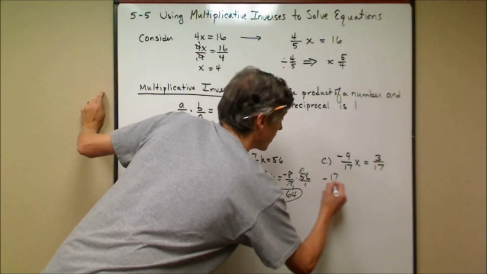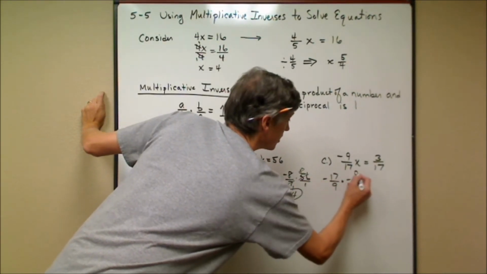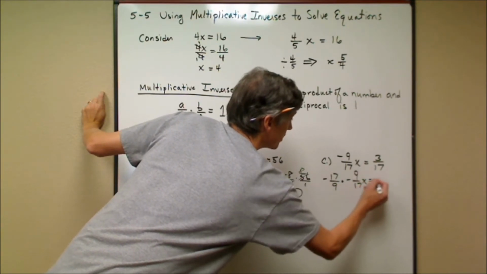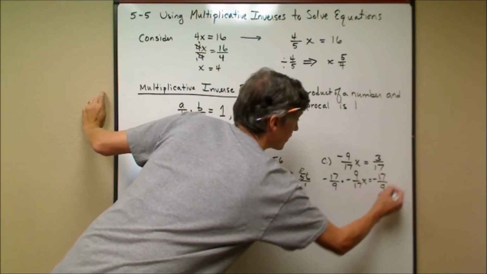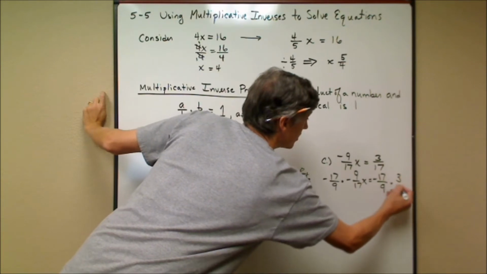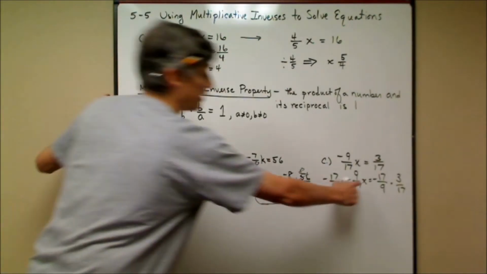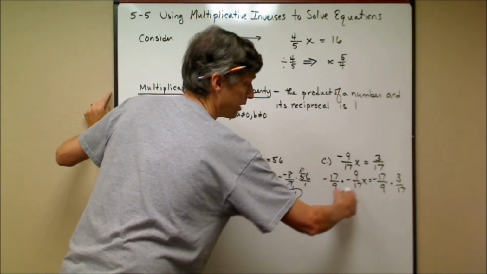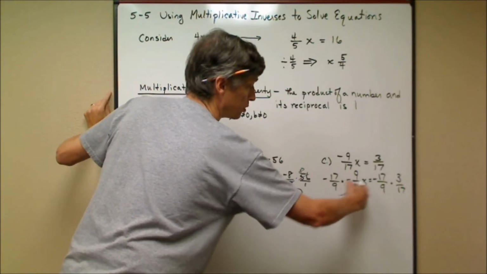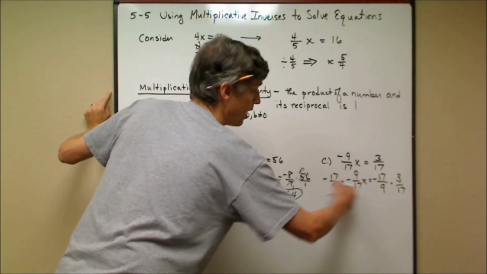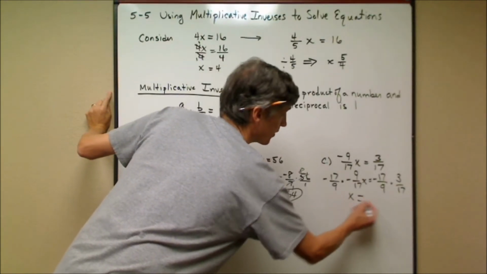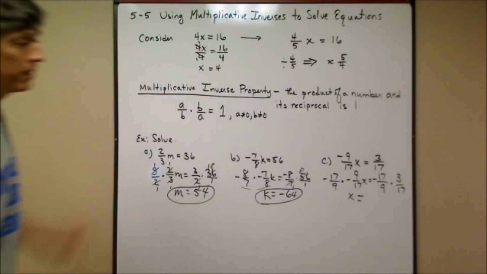I'm going to multiply both sides. If I left myself enough room, I am anyway. Negative 17/9 times negative 9/17 right here. That's just 1. These are reciprocals. When you multiply reciprocals, you get 1. That's this property here. And 1x is x. Now on the right side, I have a negative times a positive.